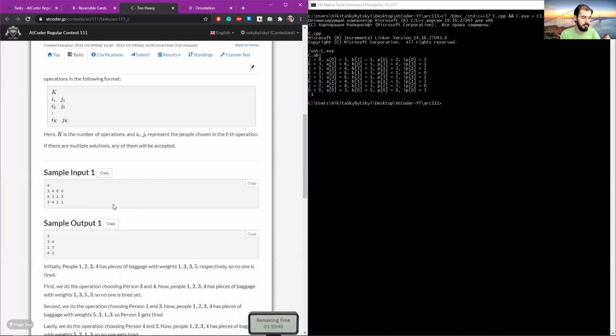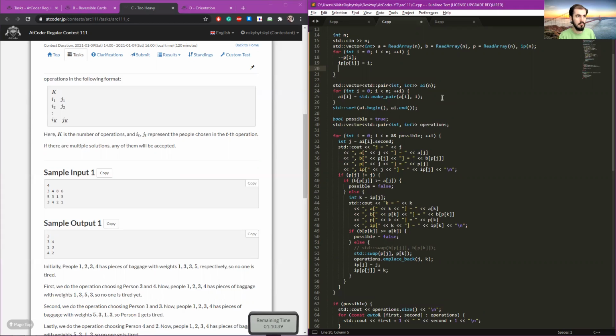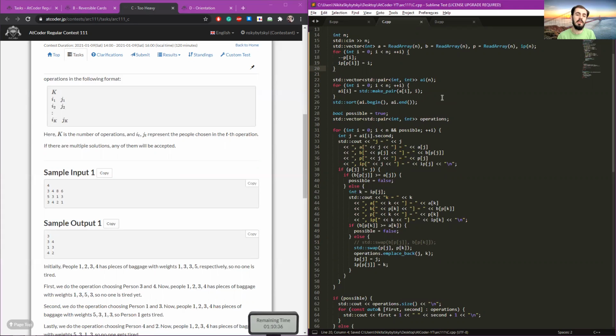No, let me do what? I want to permute baggages because I don't understand. This does not feel natural. No, it should be fine. I don't understand.